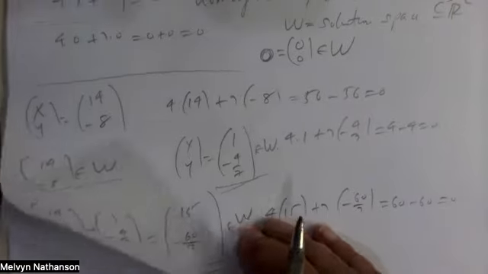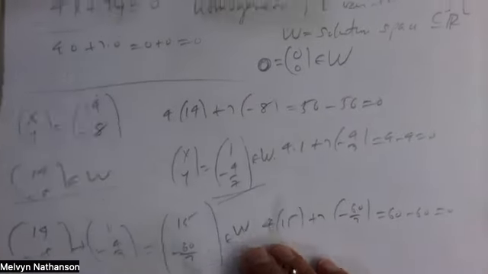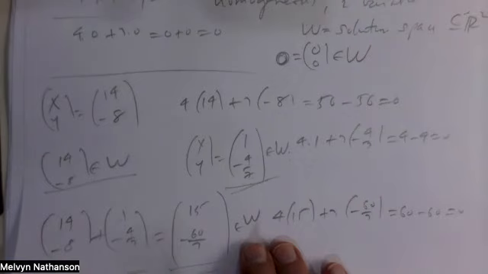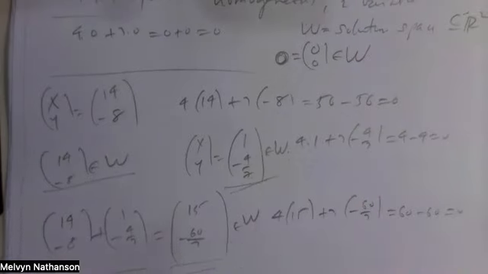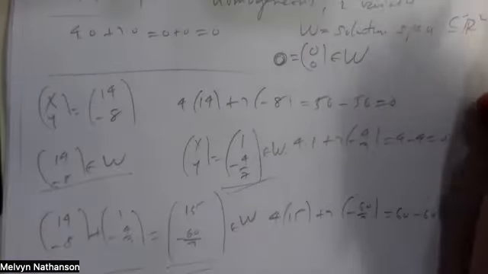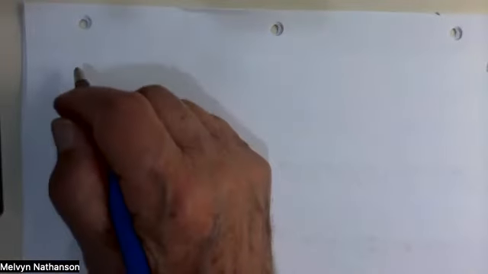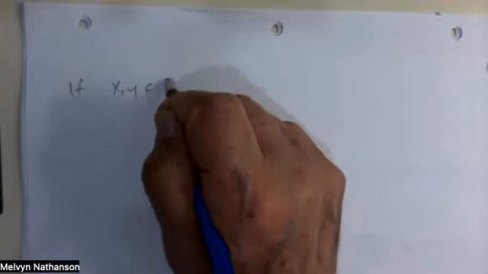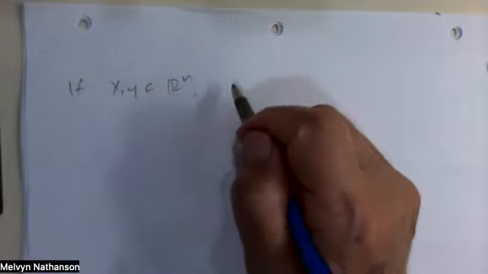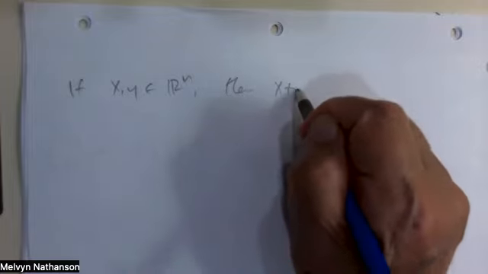Let's go back to talking a little bit more about subspaces. This is actually in my notes, page 9, but this would be page 10. So if x and y are vectors in Rn, then we know that we can add them.